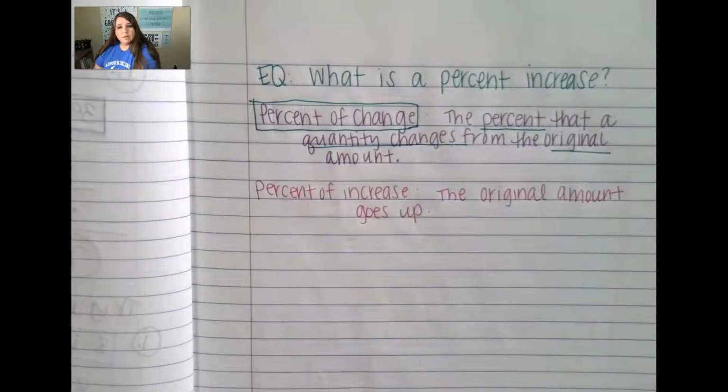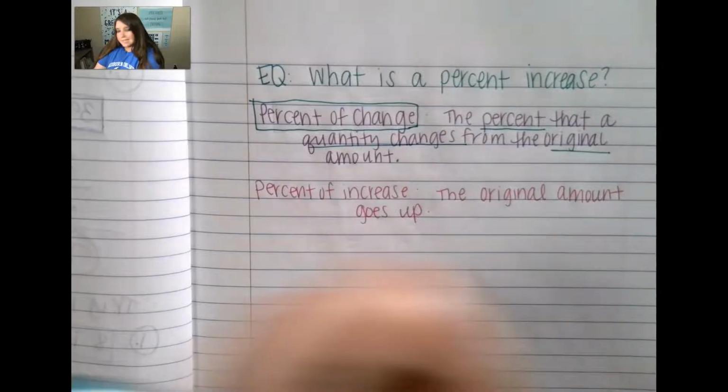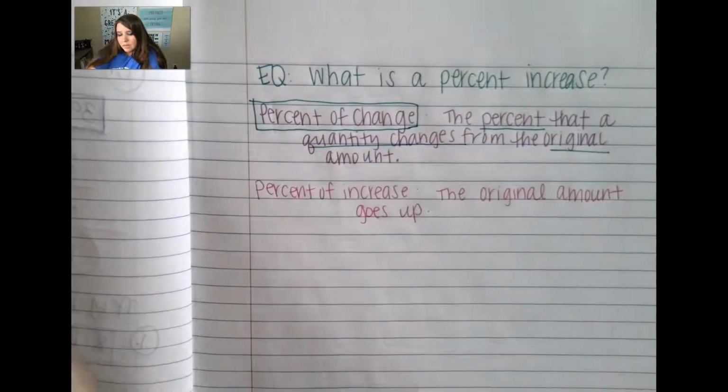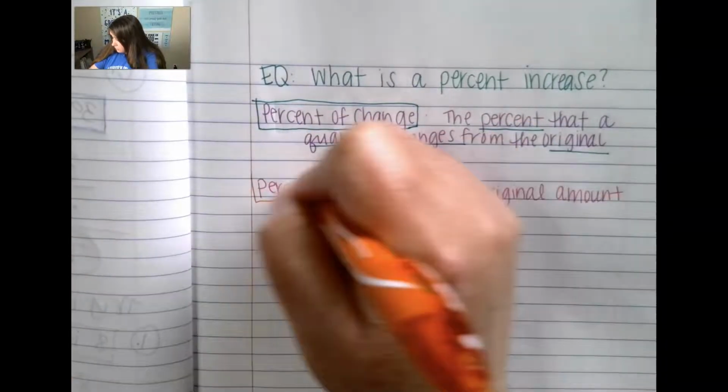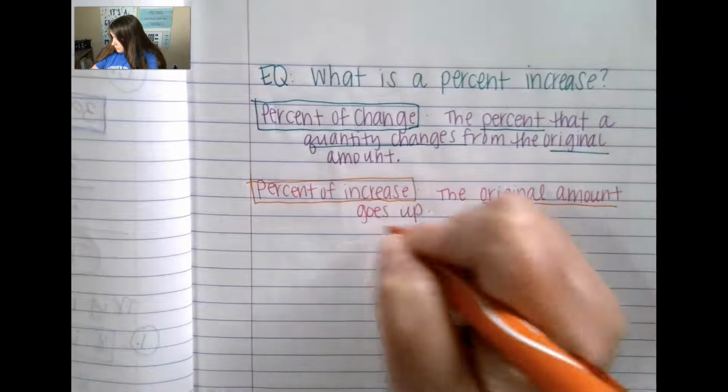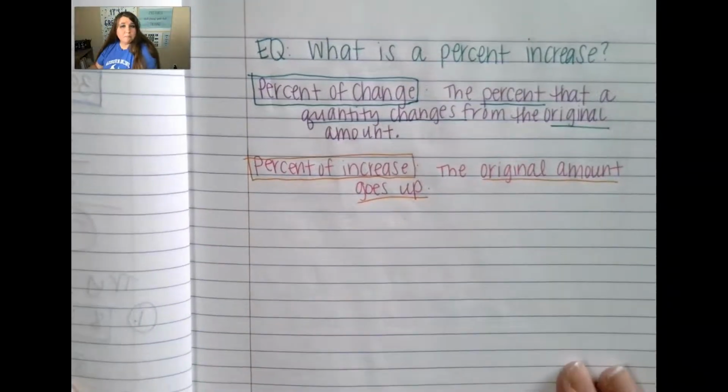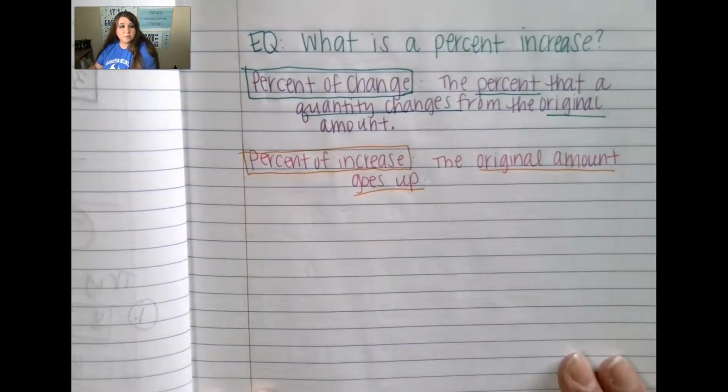The way that we look for an increase in something is that we're going to follow a formula, so to speak.